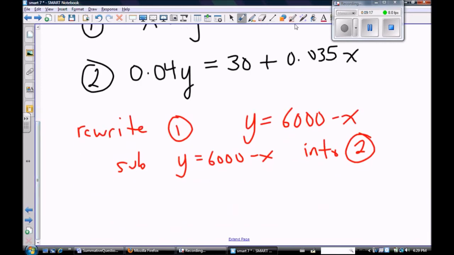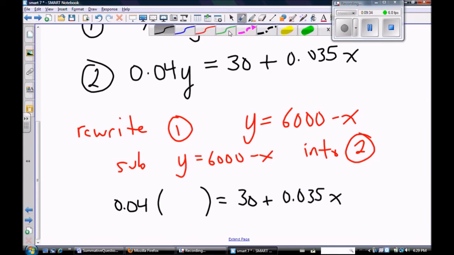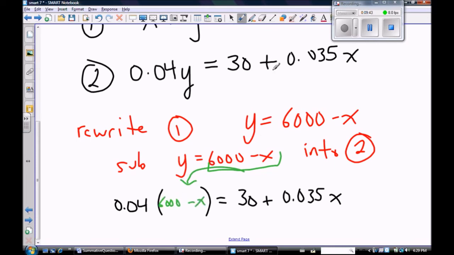So 0.04y equals 30 plus 0.035x. And again, this is a substitution, why you see a big bracket, and this is the value of y that I'm substituting in. So instead of y, I write 6,000 minus x. And what I'm left with is, of course, one equation with one variable. In this case, that variable is x. So now I just have to do math.